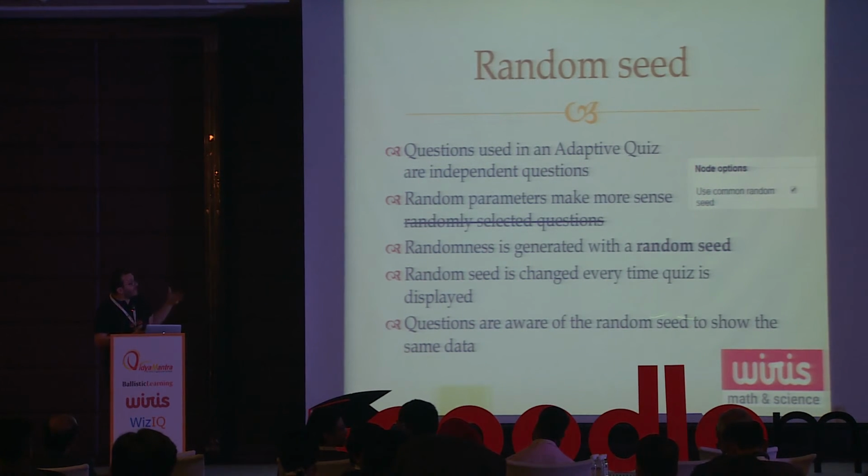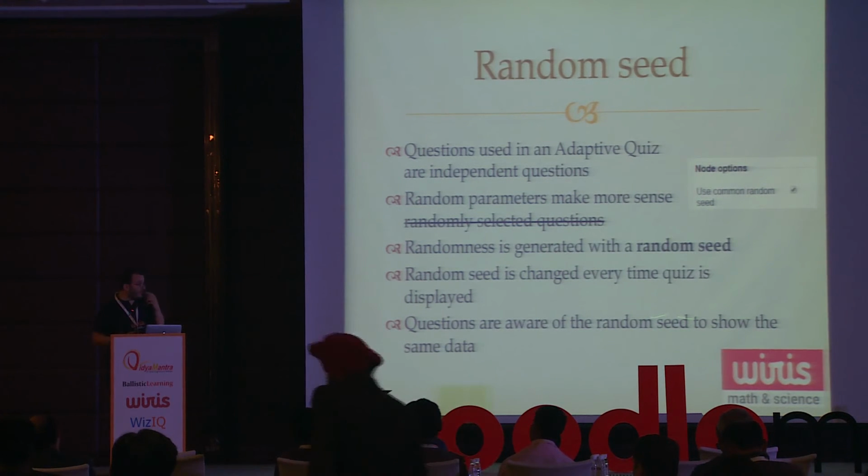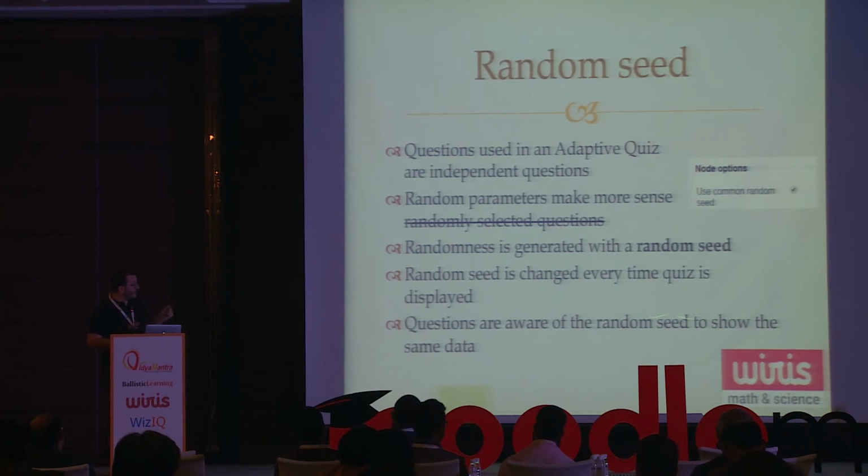So there's a random seed. Moodle has the same idea, but I think we implemented it in a slightly different way. In any case, there is a random seed that allows you to generate questions, and then question 1 and question 2, that are technically regular Moodle questions, can have the same parameters.